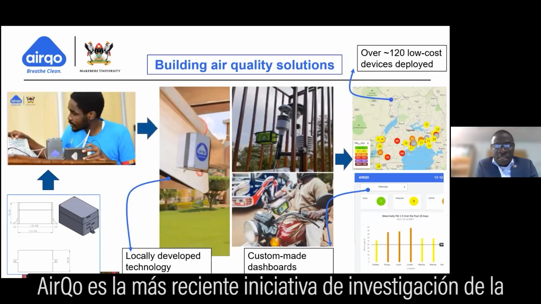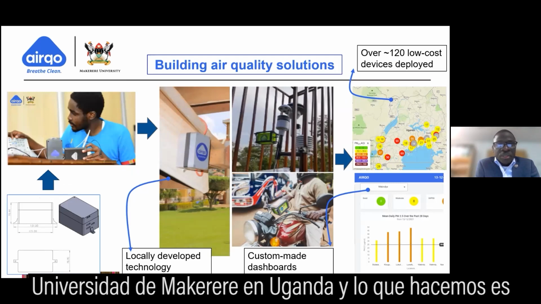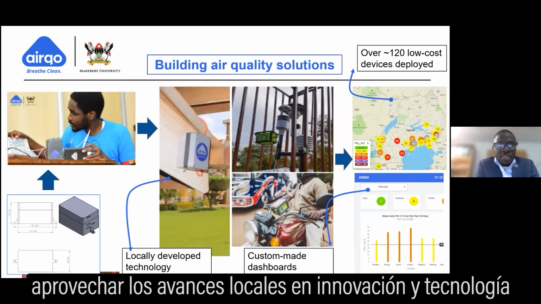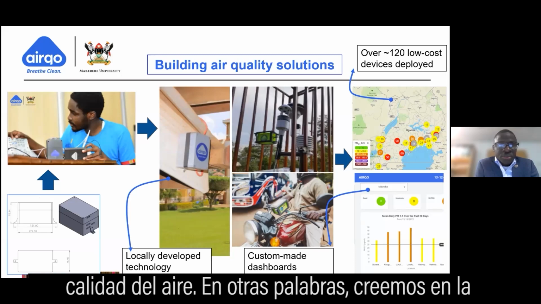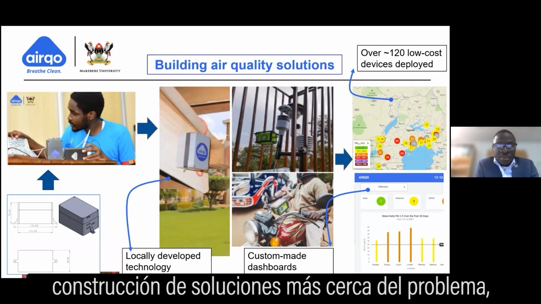ECHO is the research initiative based in Makerere University, Uganda. And what we do is we are leveraging the advances in low-cost innovation and technologies to close the data gaps. And how we do this is we build local solutions to support air quality management. In other words, we believe in building solutions closer to the problem.